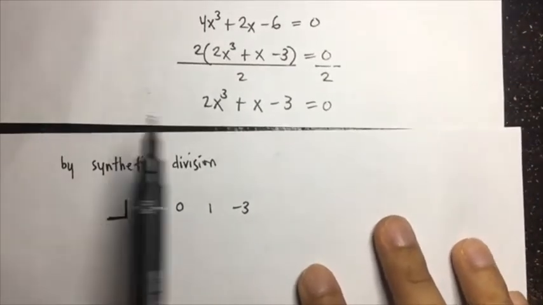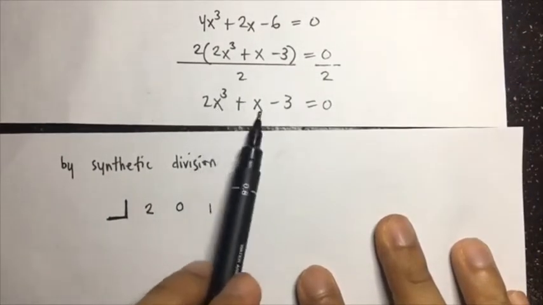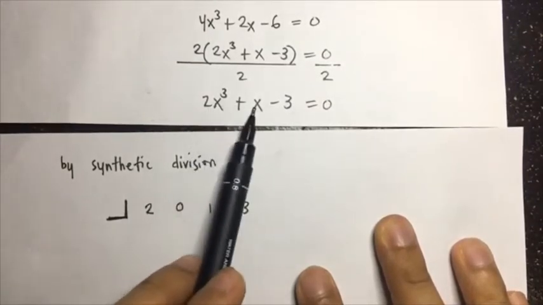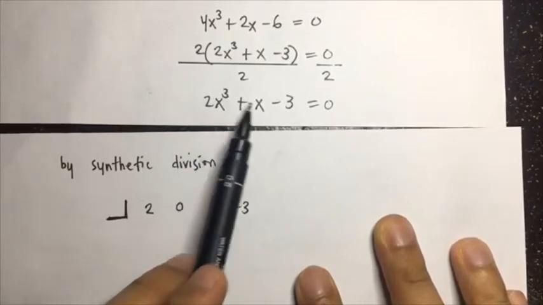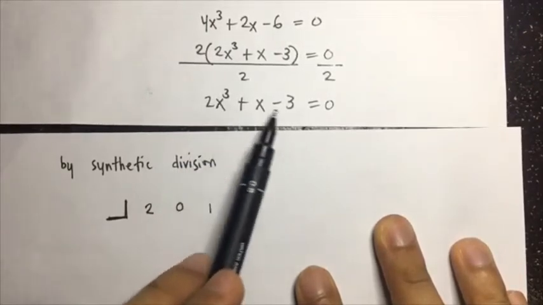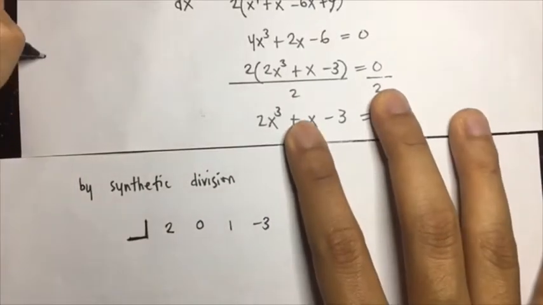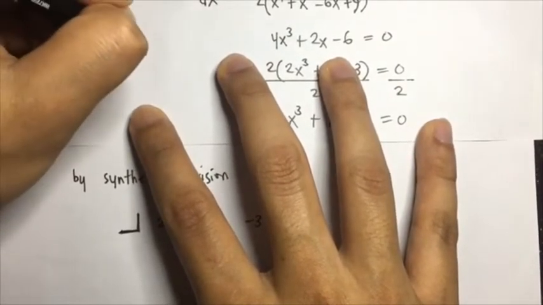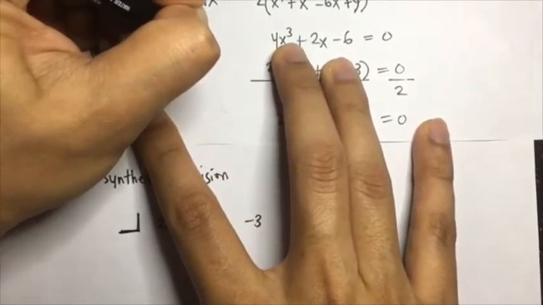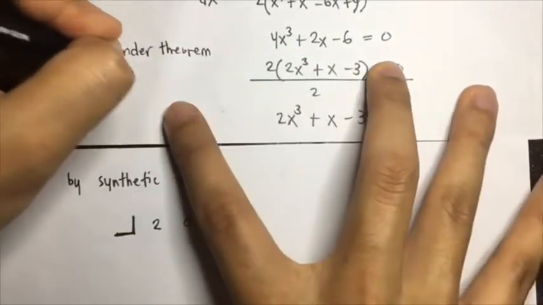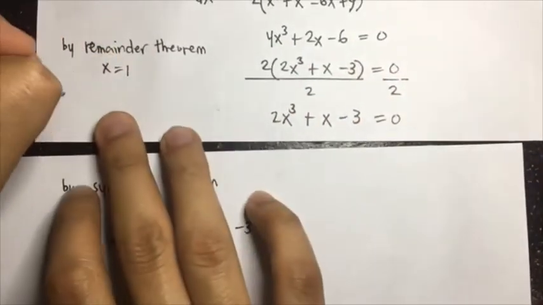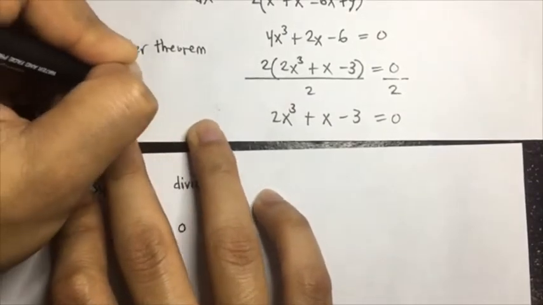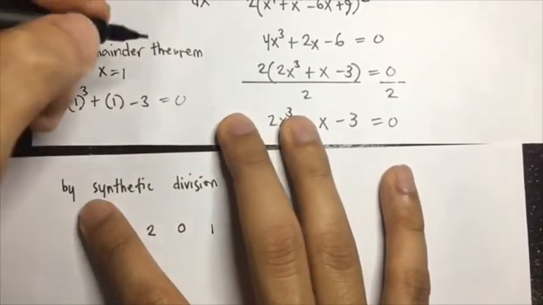By the remainder theorem, if we substitute x is equal to 1, then at x is equal to 1, this will become 2 times 1 cubed plus 1 minus 3, which is equal to 0.